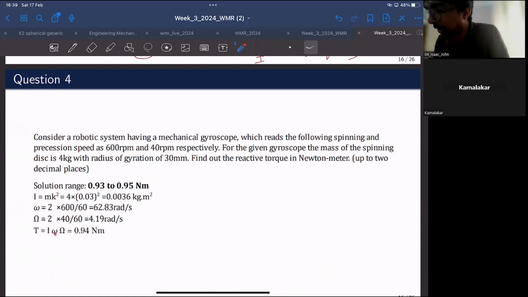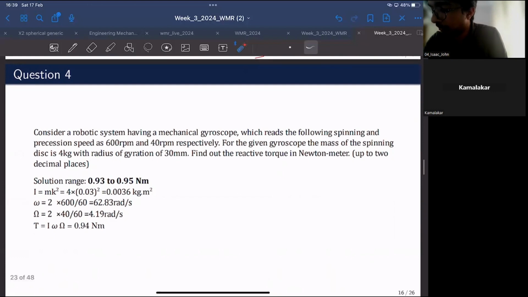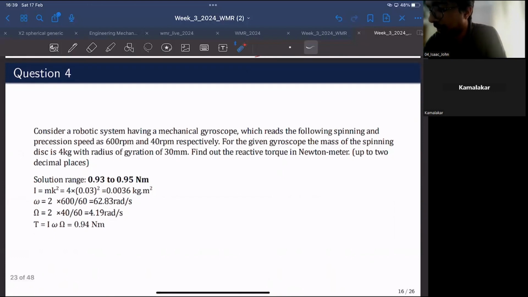Since omega and this capital omega are not given directly, you have to convert everything into radians per second, or angular velocity. But in the question, it is given as RPM, revolutions per minute. So that has to be converted to angular velocities.